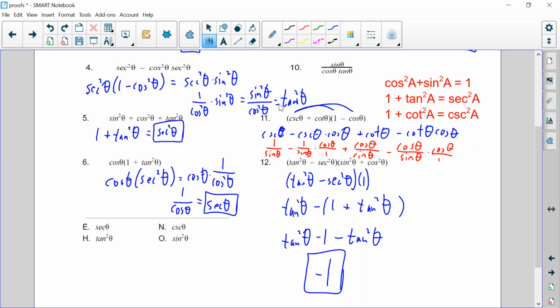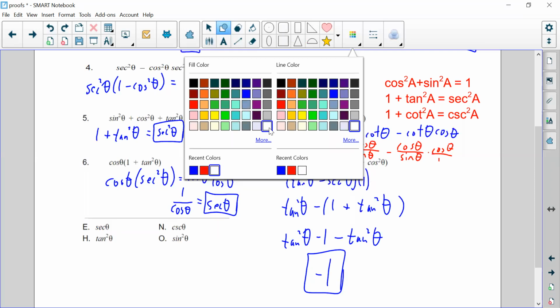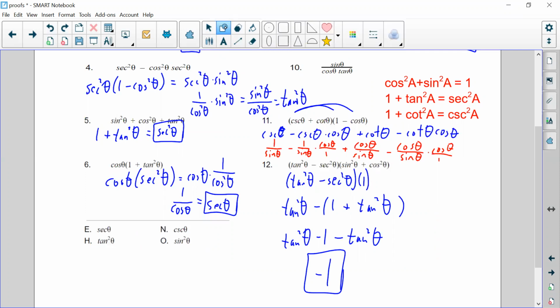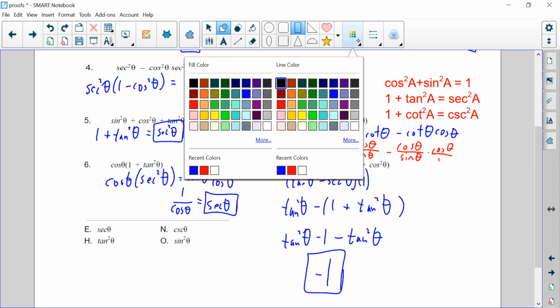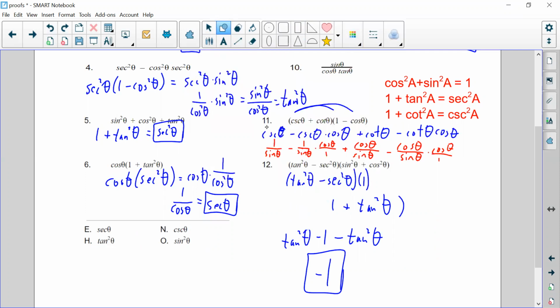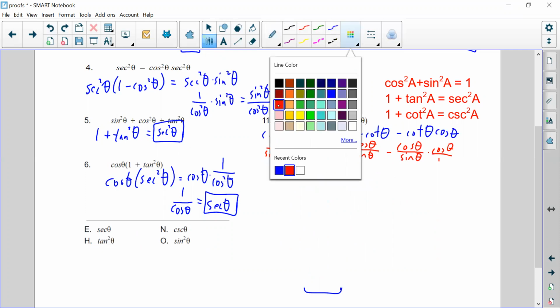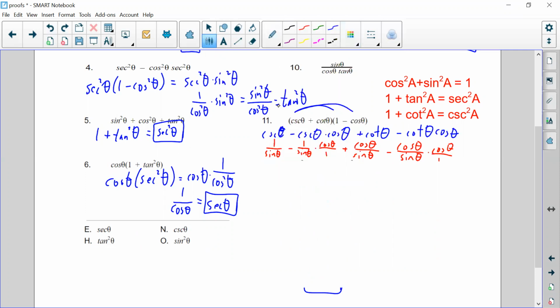So this looks like it's good news. I mean, it's encouraging to see that there's a bunch of fractions there, but all those fractions have the same denominator. Okay, so continuing on, I got 1 over sine minus cosine over sine plus cosine over sine.